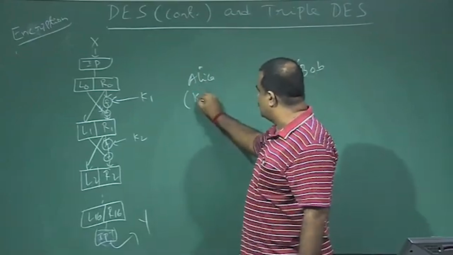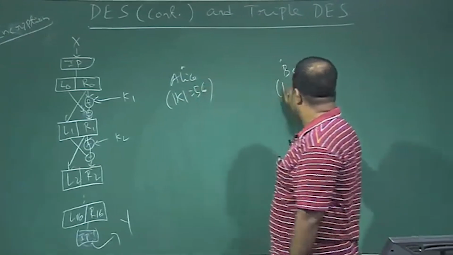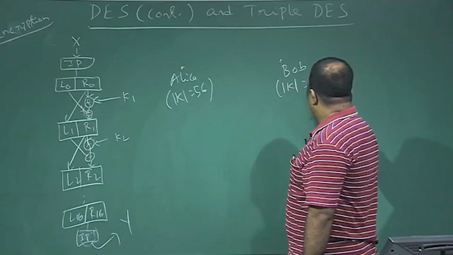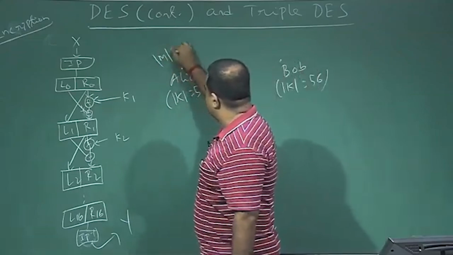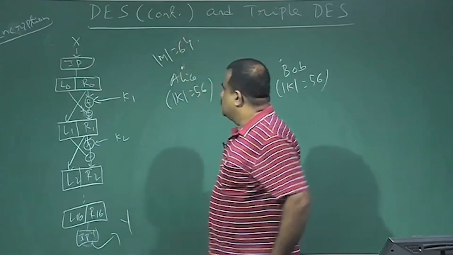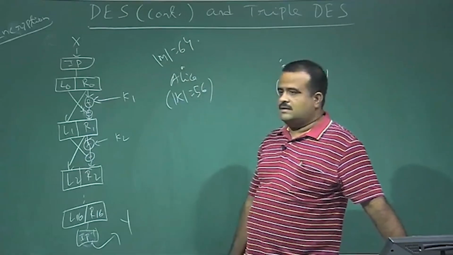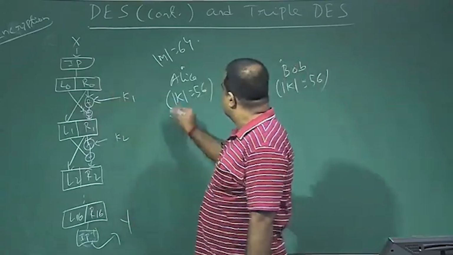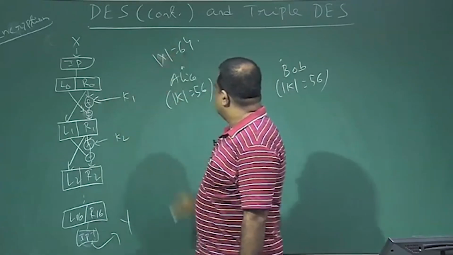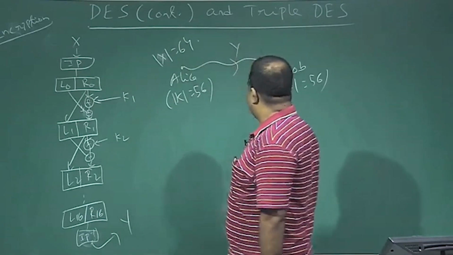They agree on a common key K, whose effective size is 56 bits. And Alice has a plain text M, whose size is 64 bits. They decide to use the block cipher DES. So this is X. Alice does this encryption, gets Y, and sends Y to Bob.